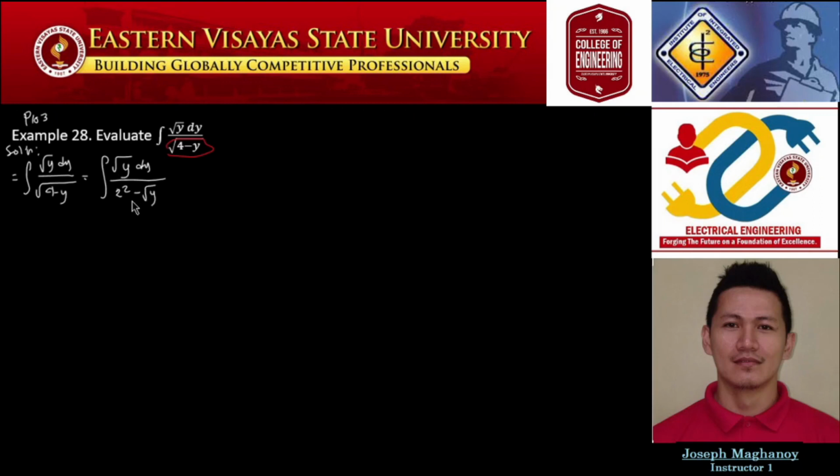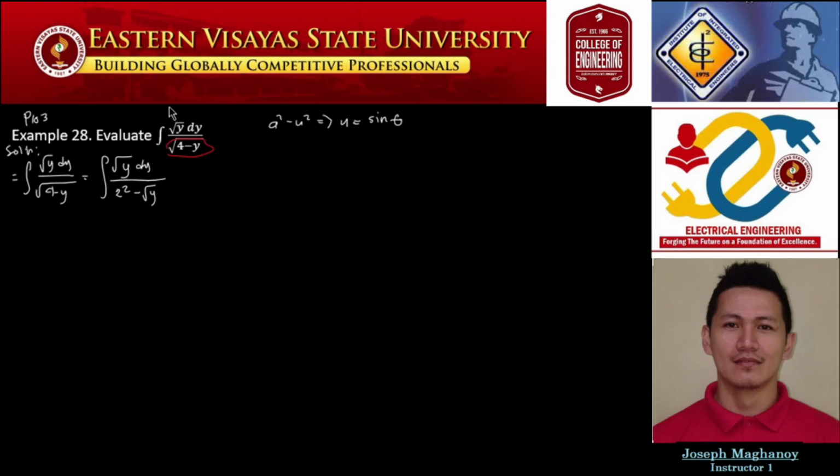So we assume that it is a difference of two squares, so we can use trigonometric substitution. If we recall, for the difference of two squares, a squared minus u squared, we let u equal a sine theta.